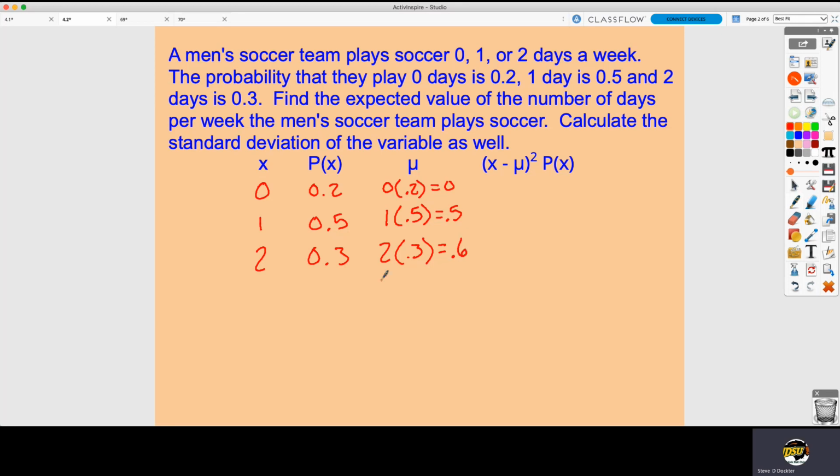Now we need each one of those values to come up with the expected value of the number of days. How we find that expected value is we just add these three together. All right, so our expected value of how many days per week that they're going to play is 1.1.